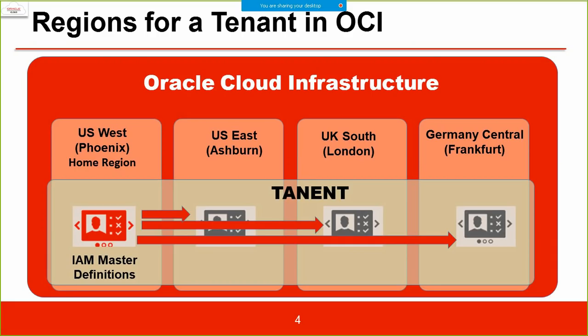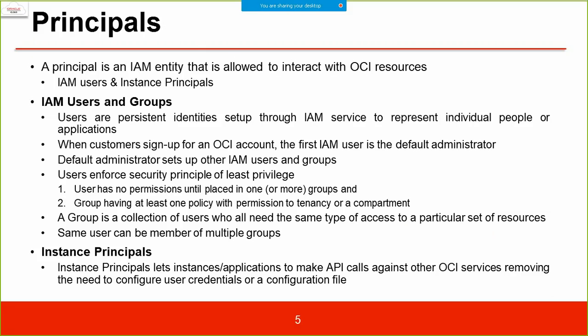The IAM master definitions from this home region will be propagated to other regions to which I am subscribed. So if I subscribe to other regions, I don't have to go to IAM there or create separate users for that region. No, they will be propagated. So for every tenant, the definitions are kept in the home region and they are propagated to the other regions to which the user is subscribed.